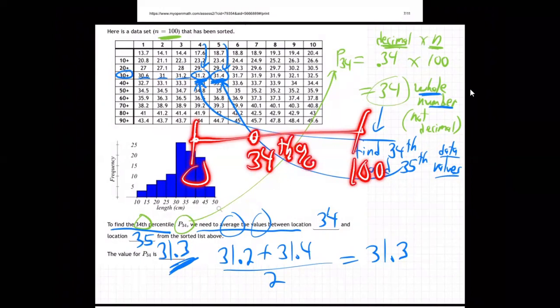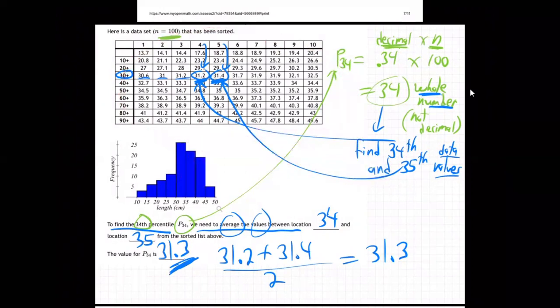We're trying to find the data value that is 34% of the way through this data table. And what is it? It's right in the middle of the 34th and 35th values. The middle is the average. It's the number 31.3, which is right in the middle of 31.2 and 31.4. It's 34% of the way through the data table. It's the 34th percentile. There we go.